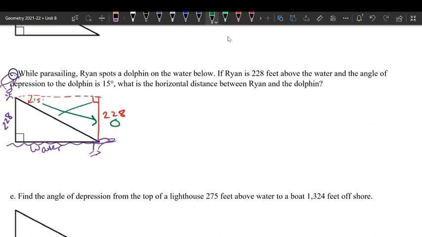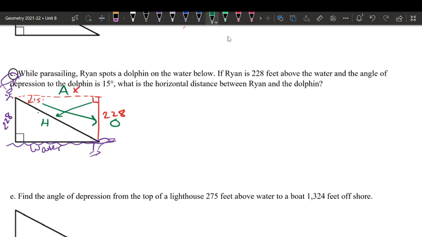From 90, across is the hypotenuse. And the leftover is the adjacent. What is the horizontal distance between Ryan and the dolphin? Horizontal would be the water, but it's also the adjacent. I didn't label that, that's x. That's what I'm looking for, the horizontal distance, straight across.